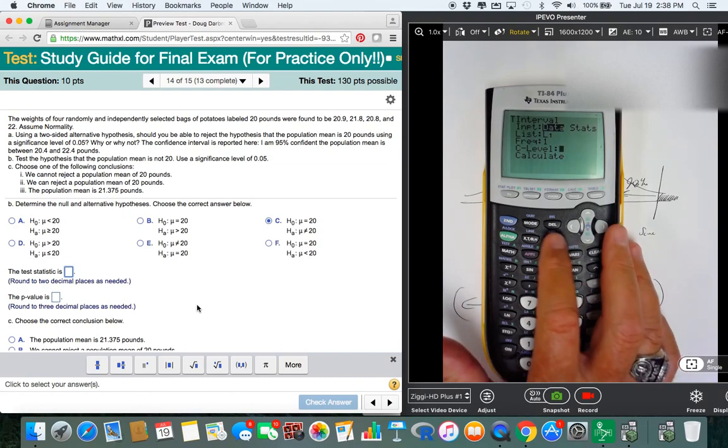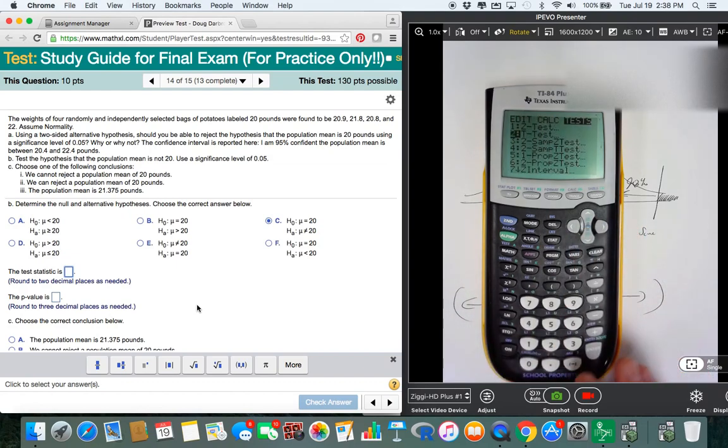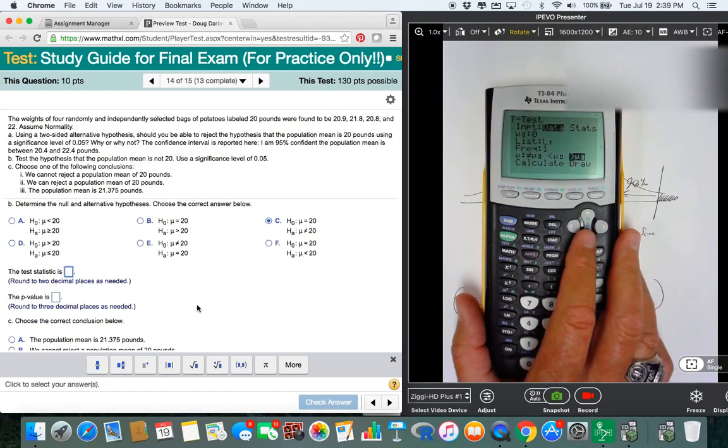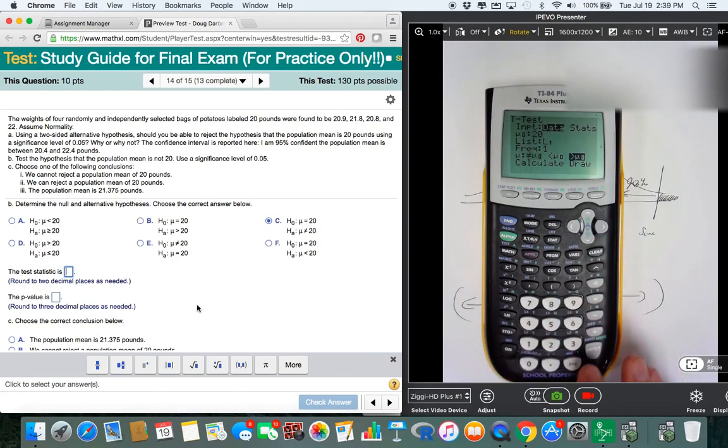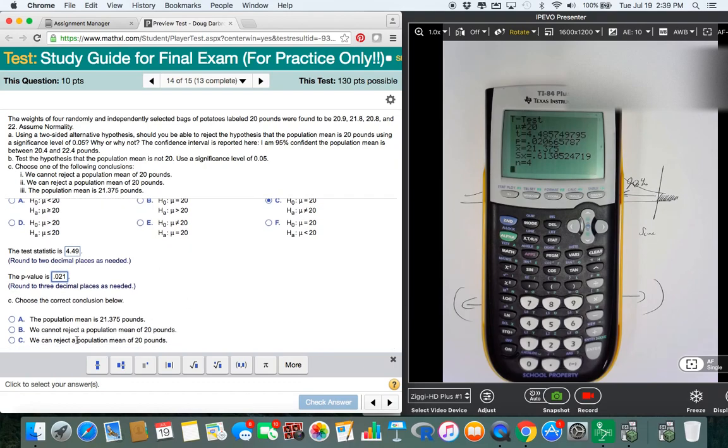I'm losing my mind here. As I said, use a t-test. So the claim is 20. Not equal to. And calculate. All right, so the test statistic to 2 places is 4.49. The p-value to 3 places is 0.021. We can reject a population mean of 20.